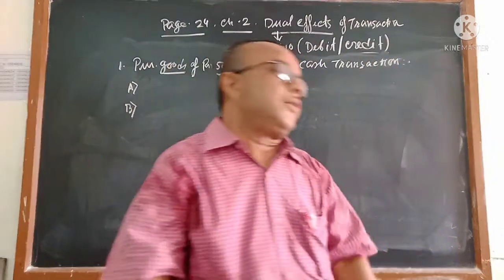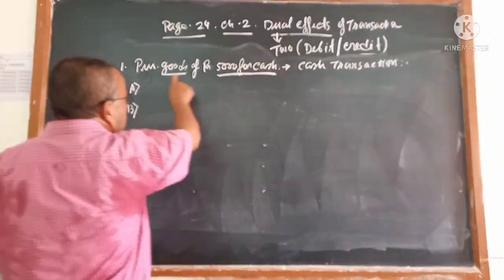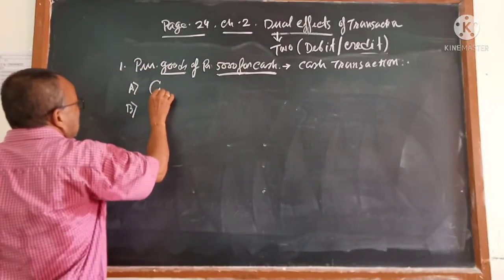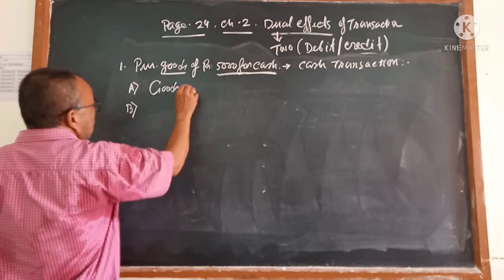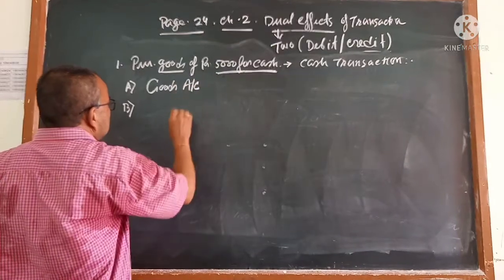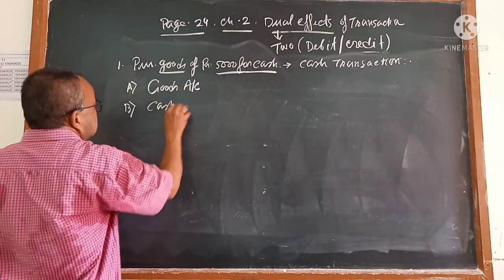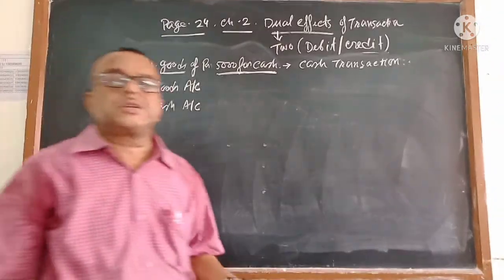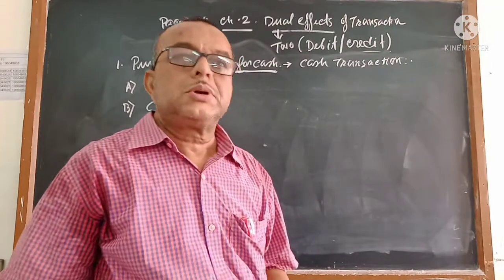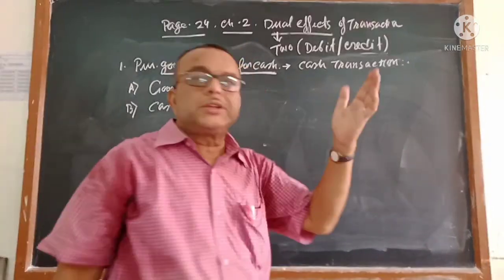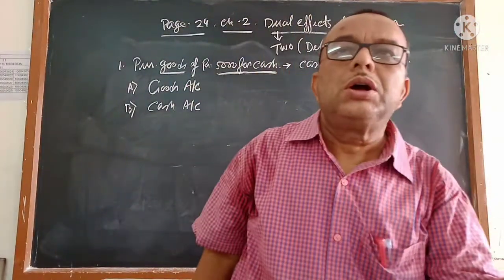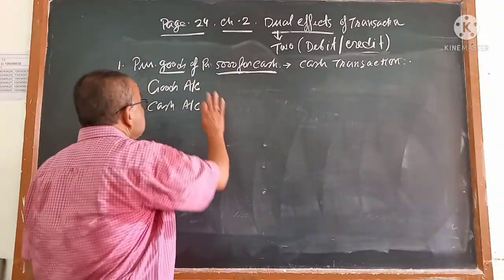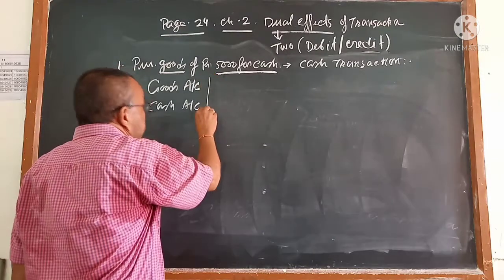Here the two things are the goods and the cash. So I will write here: one is the goods account and the other is the cash account. These two things are exchanged. As it is a cash transaction, obviously the cash has gone and goods came. So one is the purchase account and the other is the cash account. These are the two things you have to identify.